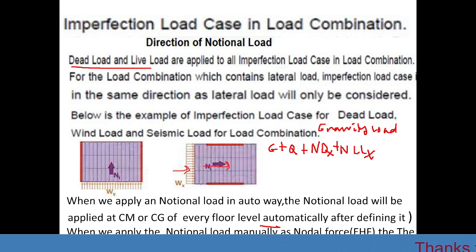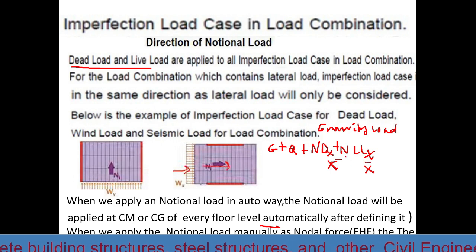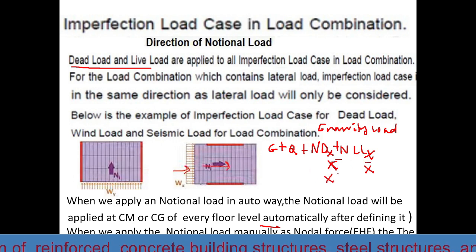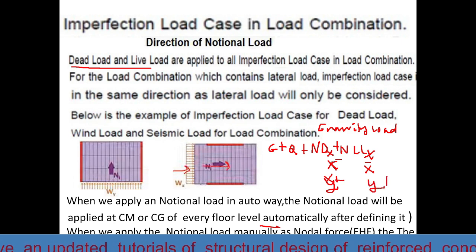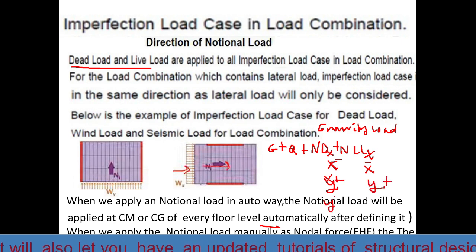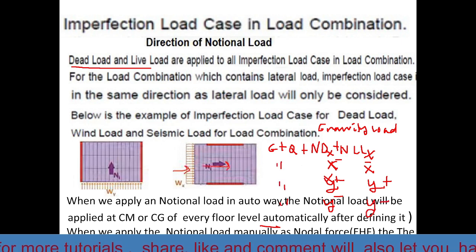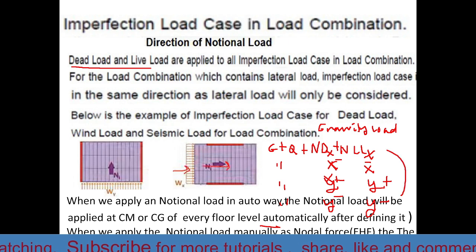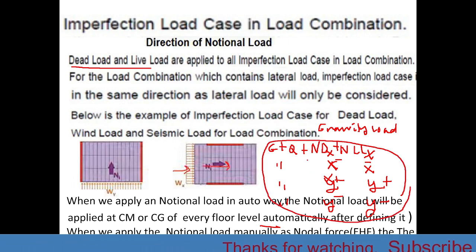And similarly, we can make this x minus, and we can make this also x minus, and we can make this y plus, and this one y plus, and we can make y minus and y minus. So generally, how many gravity load combinations will we have for the notional load?